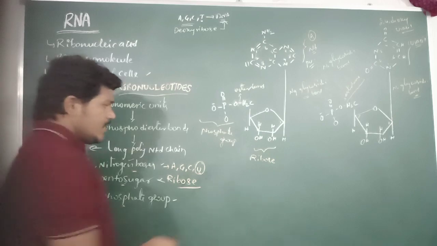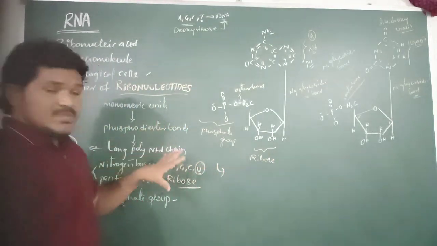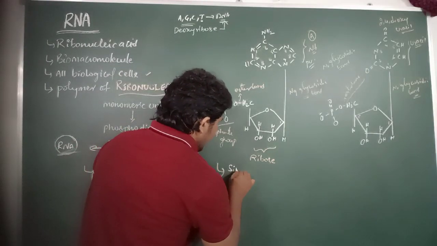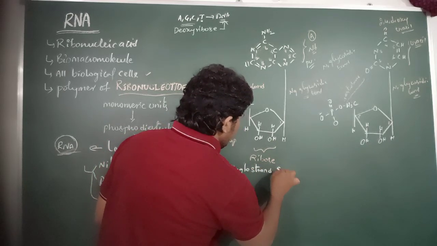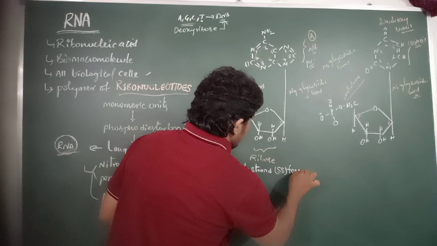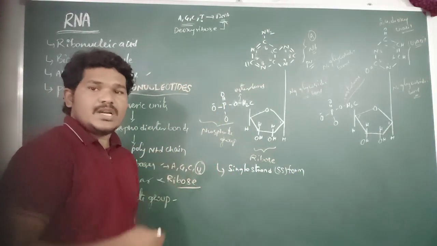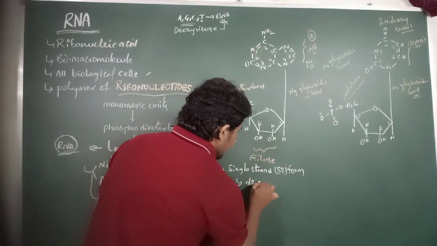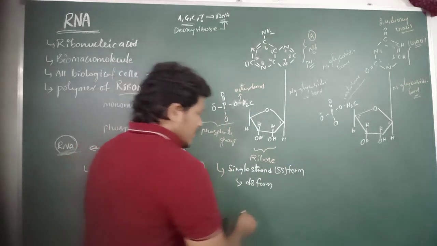In most organisms, RNA exists in a single-stranded form. But in some viruses, in some simple organisms, it exists in a double-stranded form.